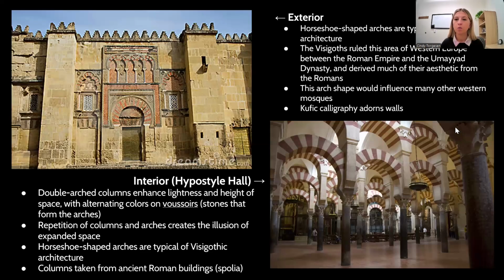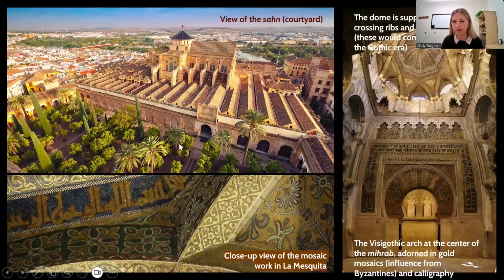We will see this arch shape influencing other mosques later. We also see Kufic calligraphy, which is kind of hard to tell here, but there is Kufic calligraphy on the exterior, which again emphasizes this idea that we don't have imagery or narrative imagery, but we do have the inclusion of text.